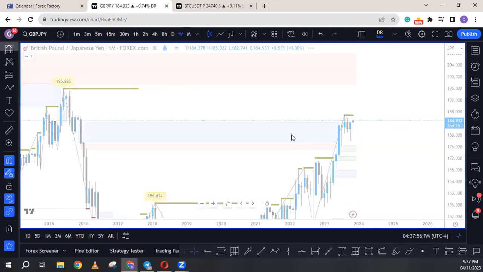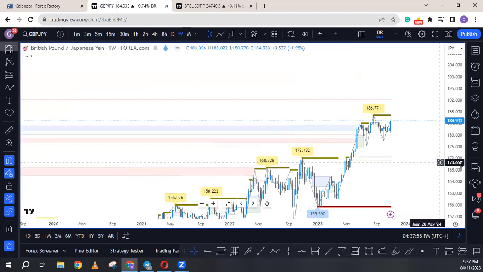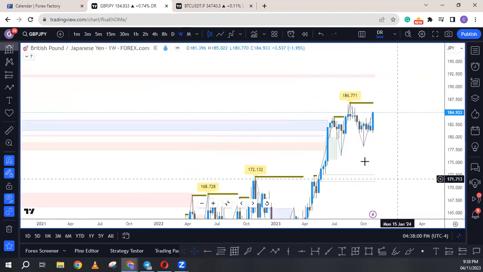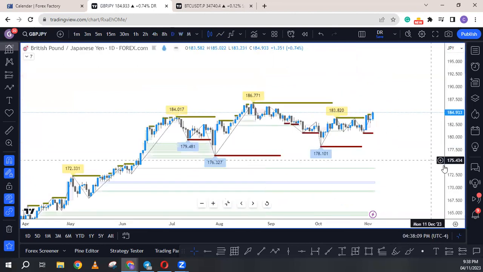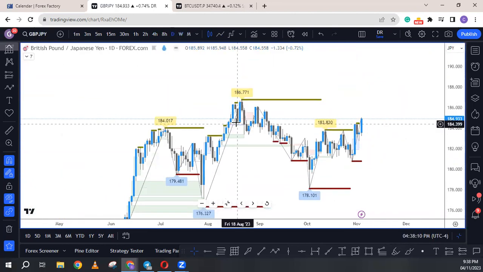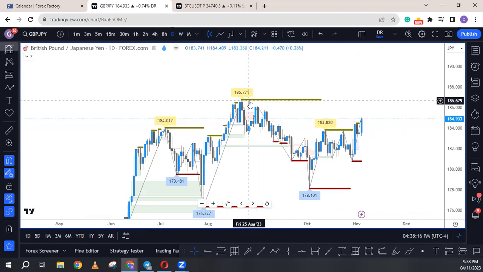If we go down to the daily, and see that price closed bullish on Friday. Sorry, if we go down now to the daily, sorry, that was a weekly. It's coming into this kind of consolidation here. But I'm of the opinion price is going to go for 186.77. Why?